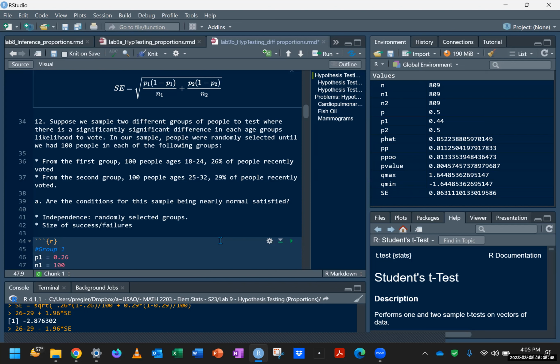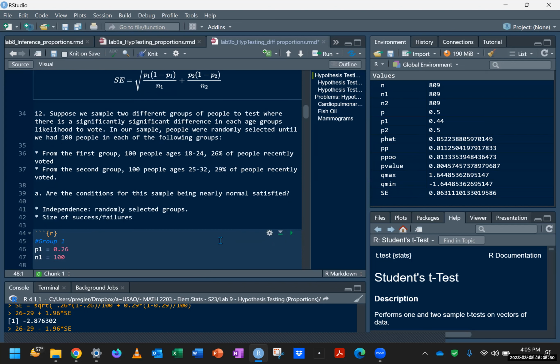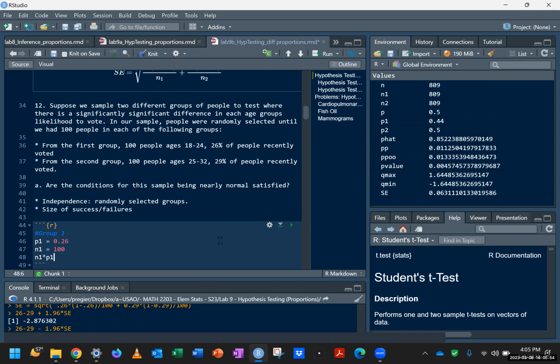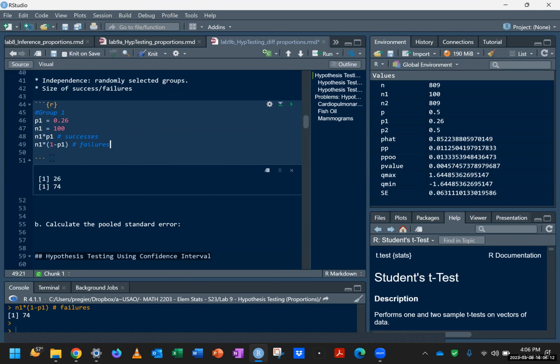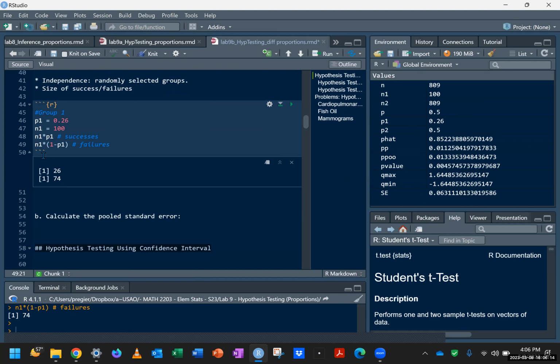So we got P1, 26%, 100 people, and we want to see if N1 times P1, that's the number of successes, I'm going to put a little note here, successes, people who voted, N1 times 1 minus P1, that's going to give me the number of failures, people who didn't vote. So we can check, did I get at least 10 from each group? Looks like we did. So we can explicitly check that.